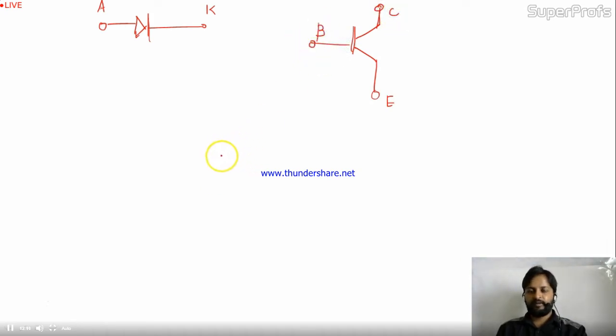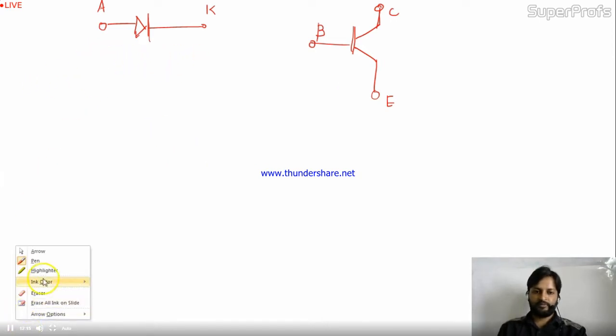Okay, so we have the current equation for these two elements. Let me take the pen first.